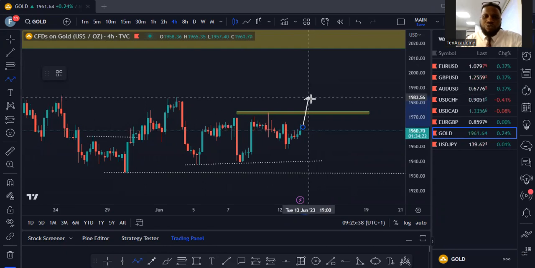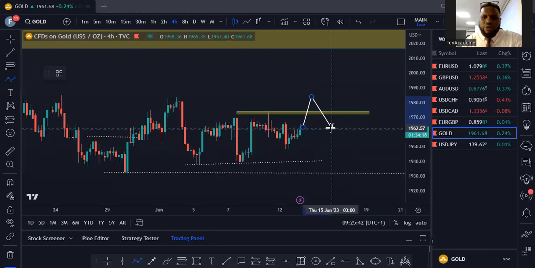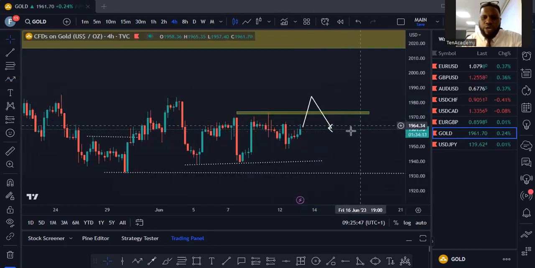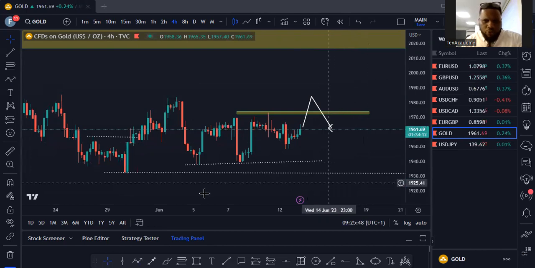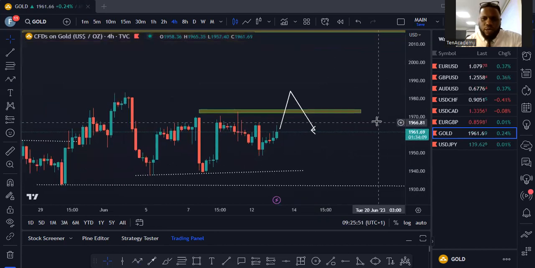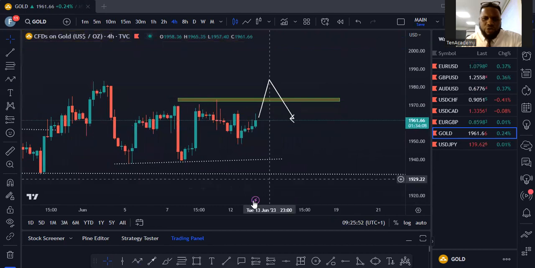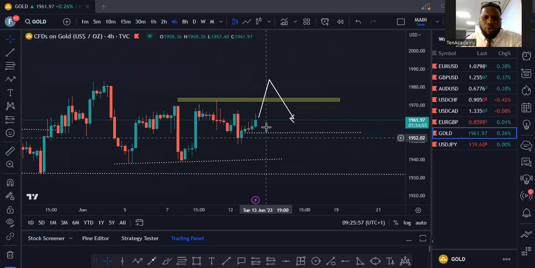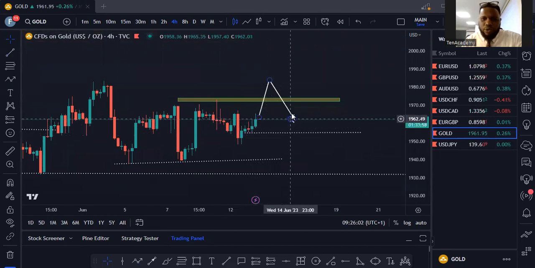So if price should break this high, it will give us a correction. At the correction here is where I will be looking to buy. And if for any reason you see an entry setup, I will take entry somewhere below the zone here, because this is liquidity inside a possible demand zone.